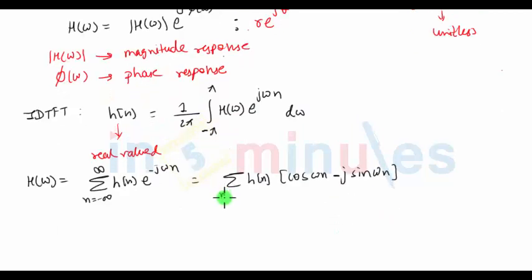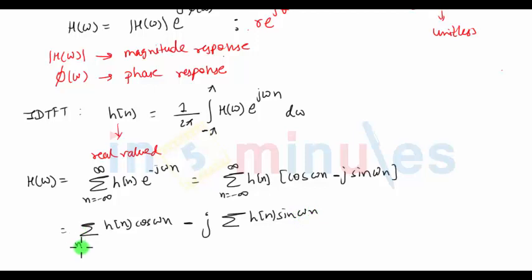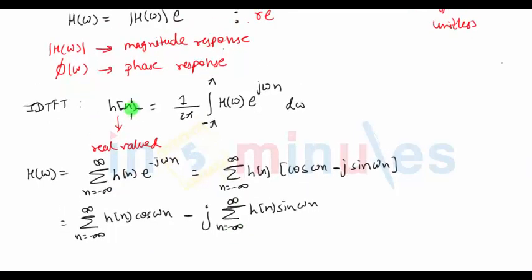This can further be written as summation h of n, and I'm going to split this into cos part, minus j remains outside, and sine part. So this is what we get. n will vary from minus infinity to plus infinity. So you can see that we have assumed h of n to be real valued. So this h of n is real.